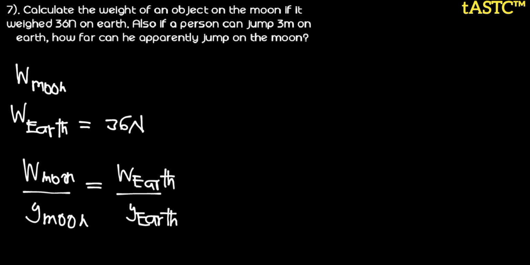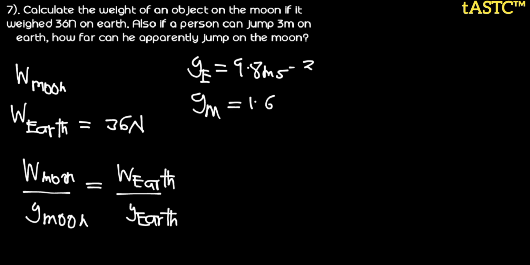So what is g of Earth? That is the acceleration due to gravity on Earth. That is obviously 9.8 meter per second squared. Now the acceleration due to gravity on the moon is actually 1.63 meter per second squared. Then we also have the weight of the object on Earth. So that will be WE.